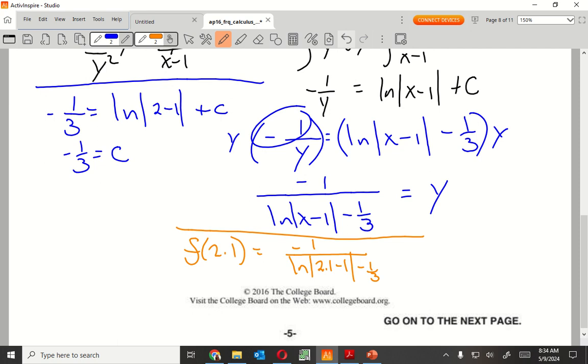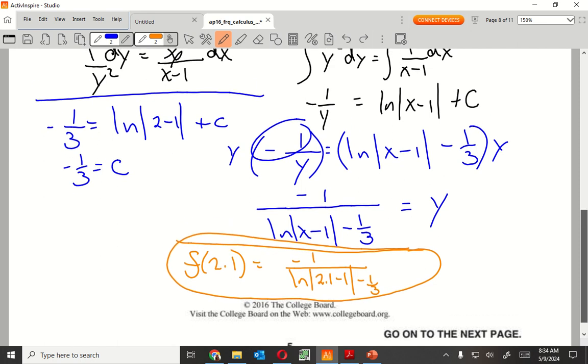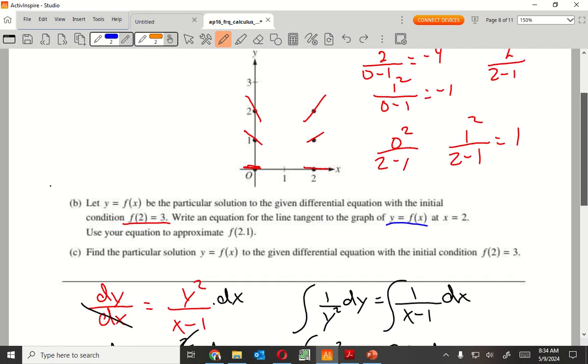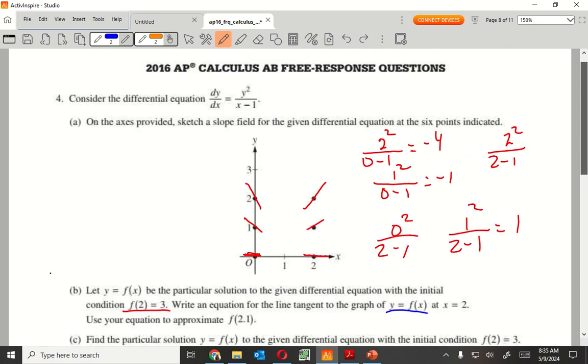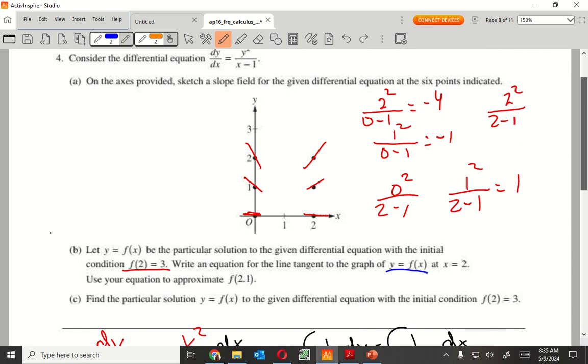Oh, I missed something. No, before I do this one, I can't do this one yet because I still don't have the slope. I have the equation, but I don't have the slope. It says right here, for the particular solution, we got the y equals, but now I need to find out what the slope is.